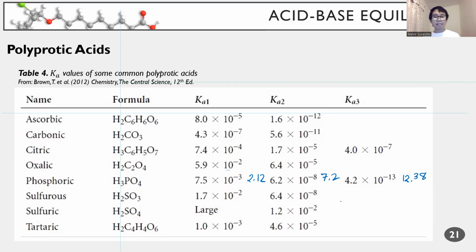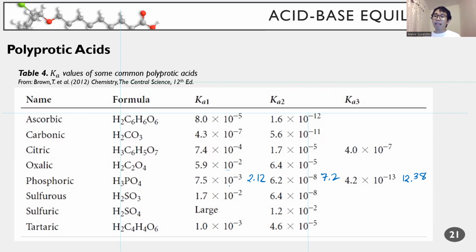Okay. For this, if you notice, if you want to maintain the pH of the solution at around 1.12 to 3.12, the best option is to make a phosphoric acid dihydrogen phosphate buffer. Okay?